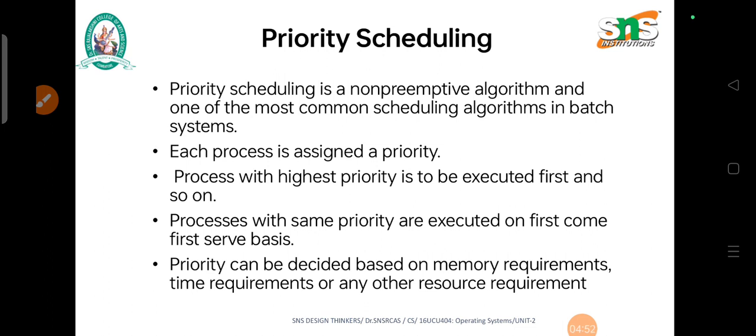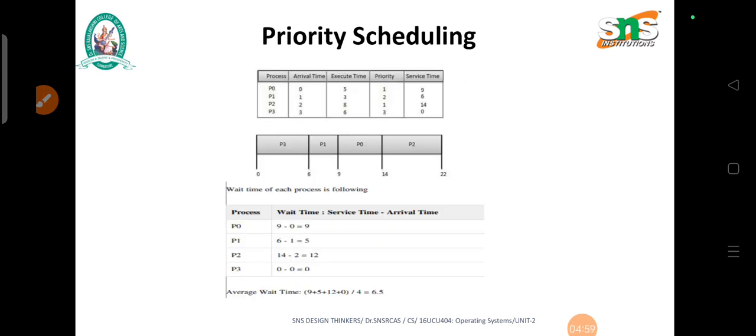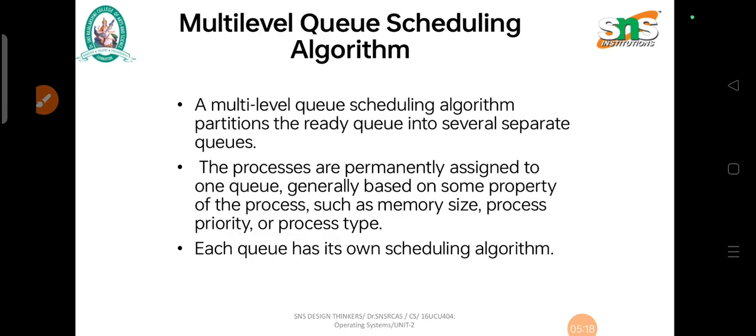The priority can be decided based on memory requirements, time requirements, or any other resource requirements. This is an example of priority scheduling. We have different processes like P0, P1, P2 and P3. Each process is assigned a priority, and based on the priority the processes are executed. The average waiting time for P0, P1, P2 and P3 is 6.5.